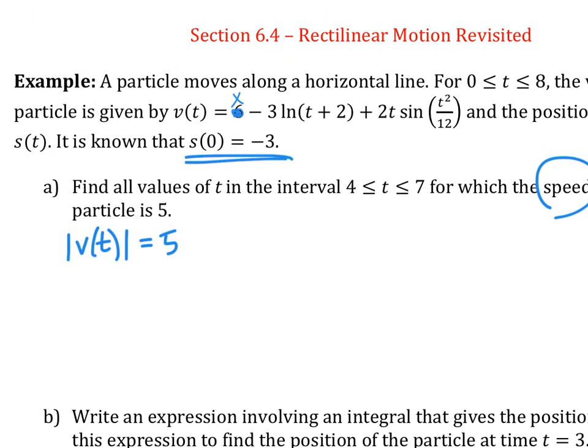Now recall in Algebra 2, when you have an absolute value of a function, it is the same as the function being positive and the function being negative. So it depends on how you want to solve the problem.